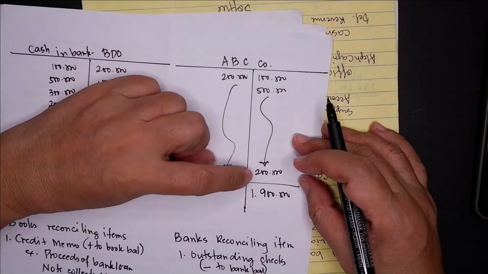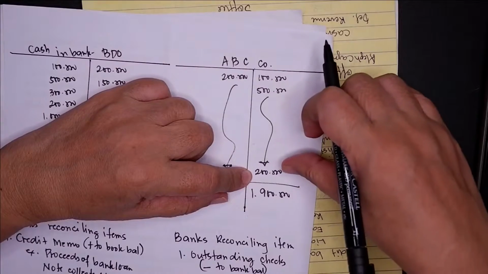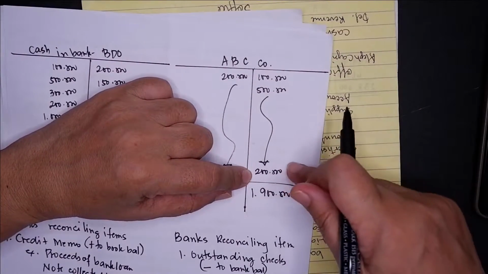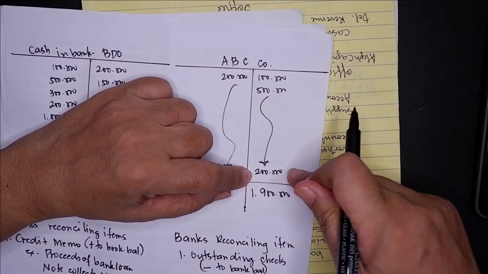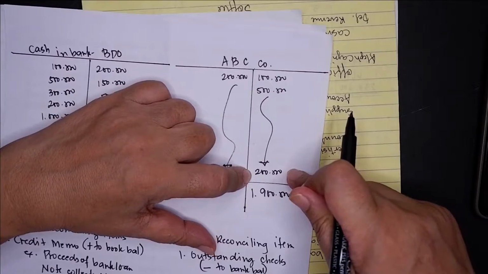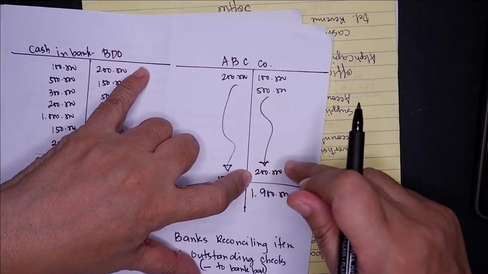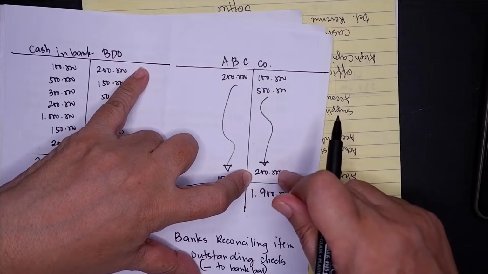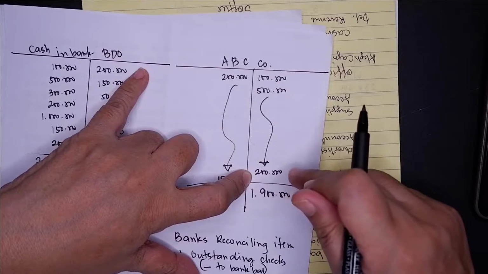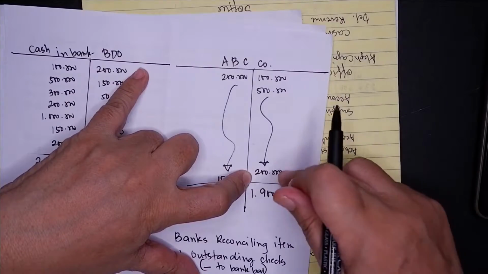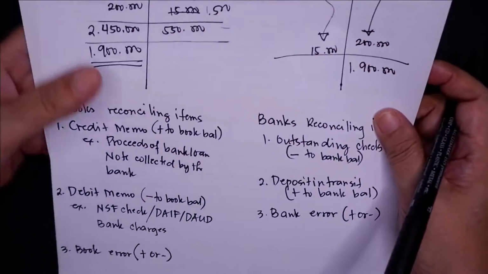What is the original transaction? It should be plus 200,000, but the bank only recorded plus 20,000. So we have to add 180,000 more to complete the 200,000.